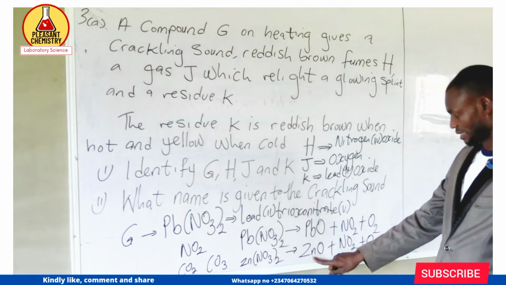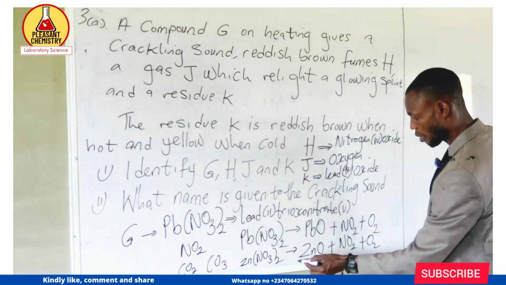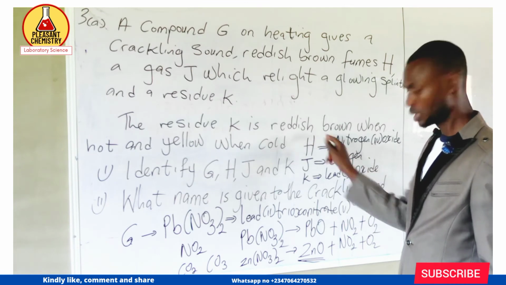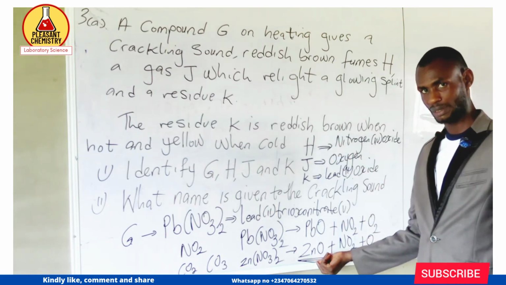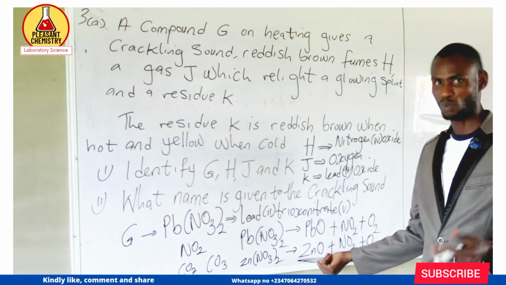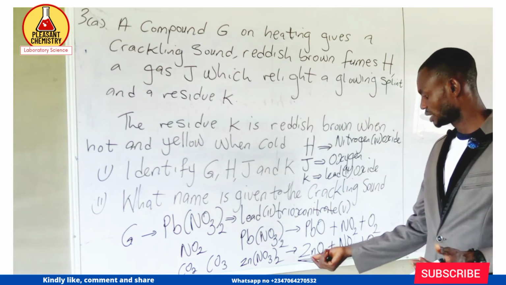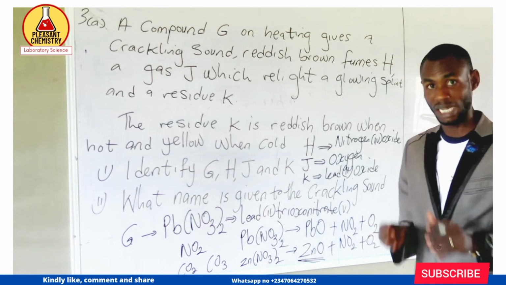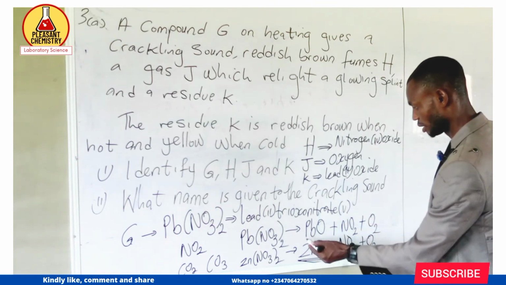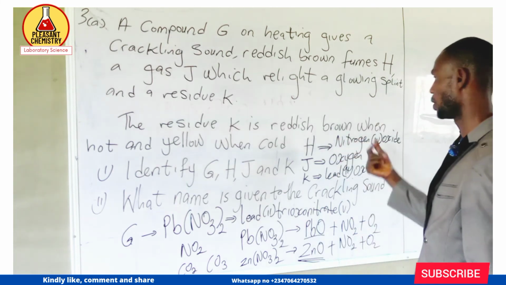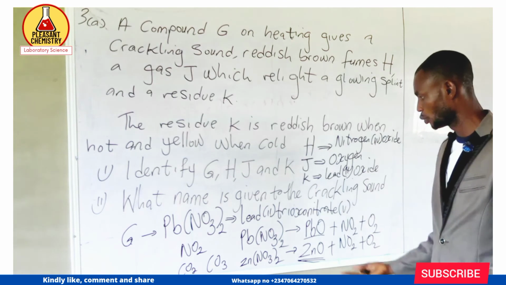But in this case, the residue is not reddish brown. Zinc oxide will be yellow when hot and white when cold. But for PbO, it is reddish brown when hot and yellow when cold.